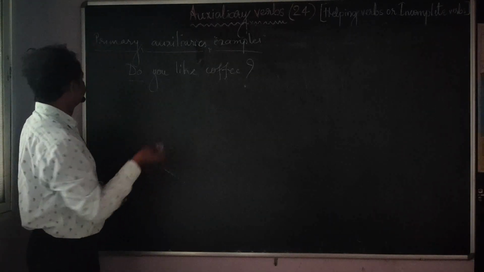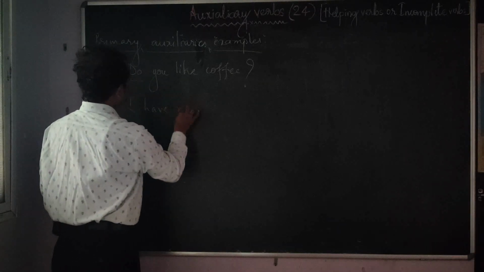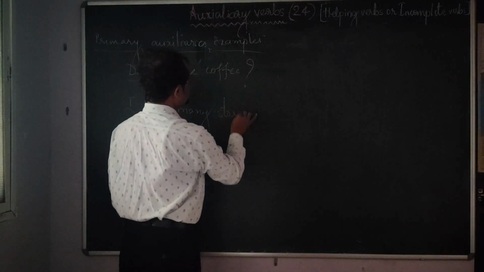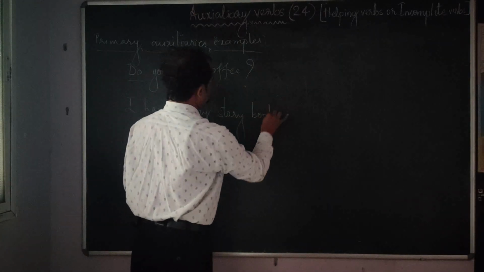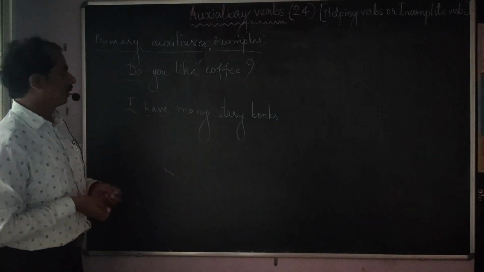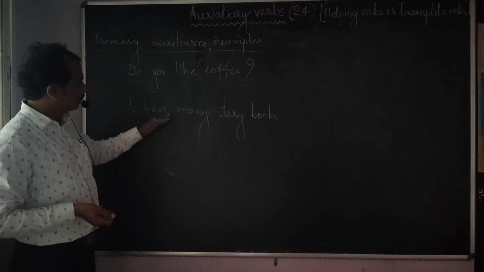Next, I have many storybooks. Here, have is one of the primary auxiliaries. This is present perfect tense.